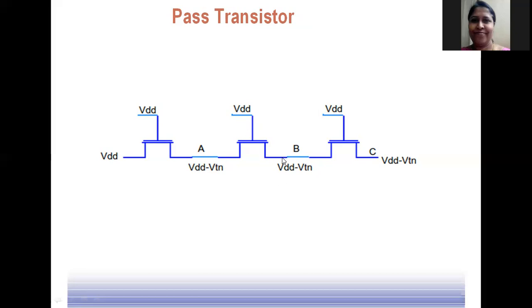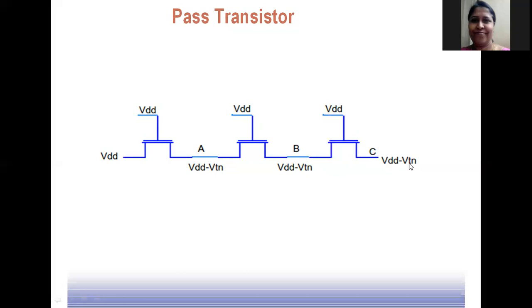And though this works as a pass transistor, what you should know here is you get a voltage drop at this terminal: VDD minus threshold voltage of this MOSFET. So you get VDD minus VTN here. And next, when this device turns on because of this VDD applied to the gate terminal, what voltage you get at this terminal is VDD minus threshold voltage of this transistor, that is the third transistor.